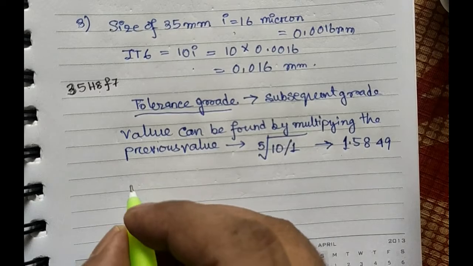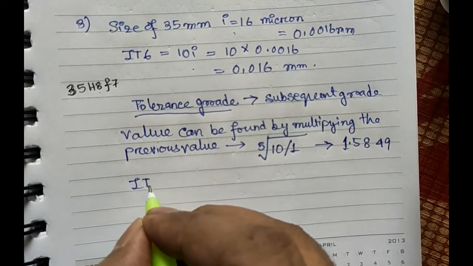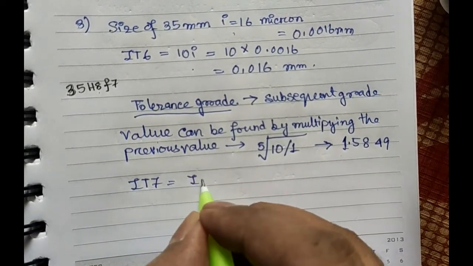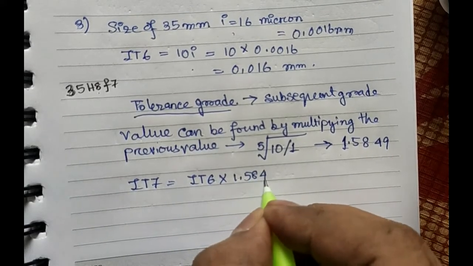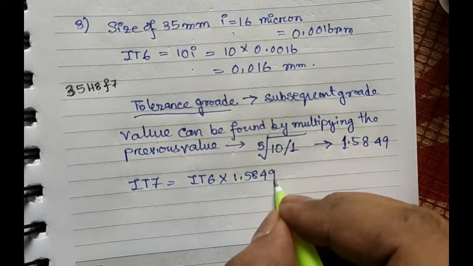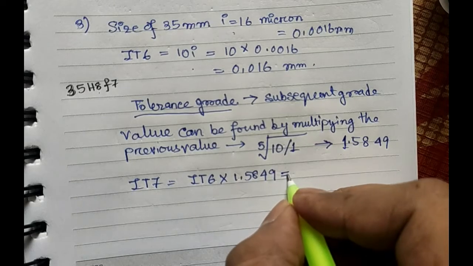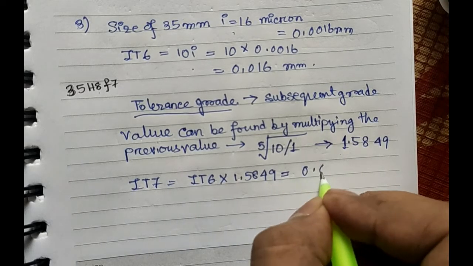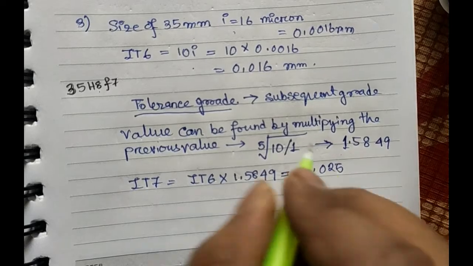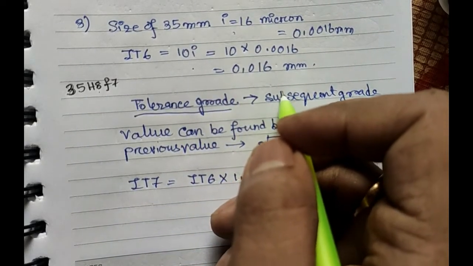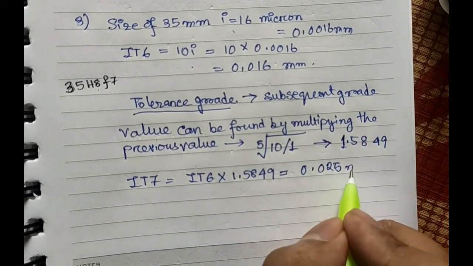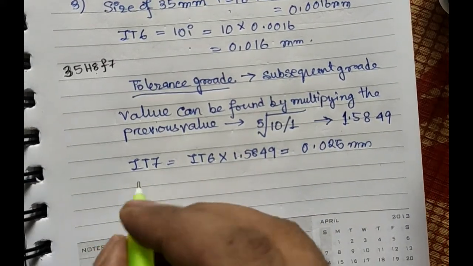So IT6 is given, then IT7 will be IT6 into 1.5849, and that value becomes 0.025 mm.